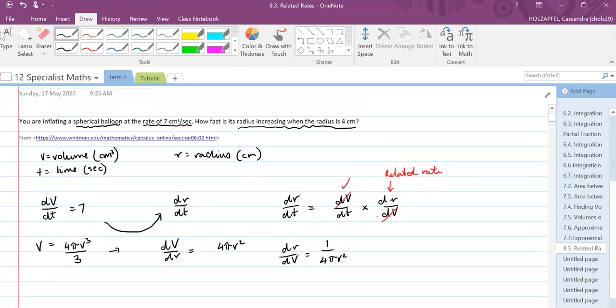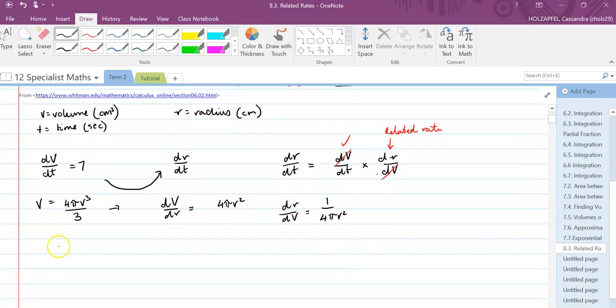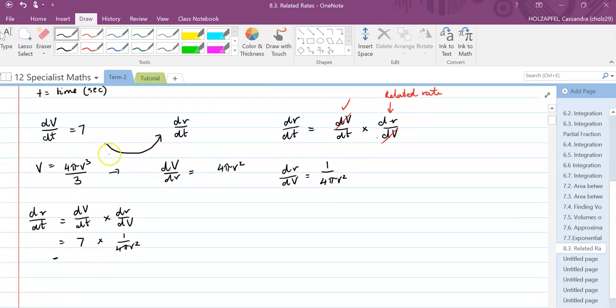Okay, so now that I have that information, let's substitute back into that chain rule. So dr/dt is going to be equal to dV/dt multiplied by dr/dV. dV/dt from before was 7. dr/dV from our inverse function here is 1 over 4 pi r squared. And that is going to simplify to become 7 over 4 pi r squared.